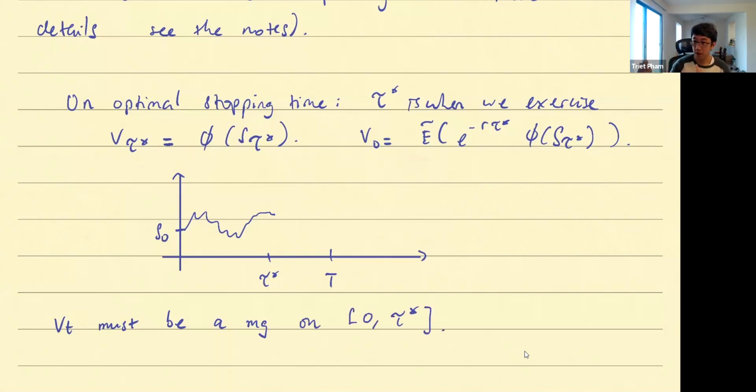It's a super martingale in general, but up to that time when you optimally exercise, it does not lose value, so you can just pull whatever the value back to the present. Up to that optimal exercise time, you're indifferent whether you hold the stock now or until that time.